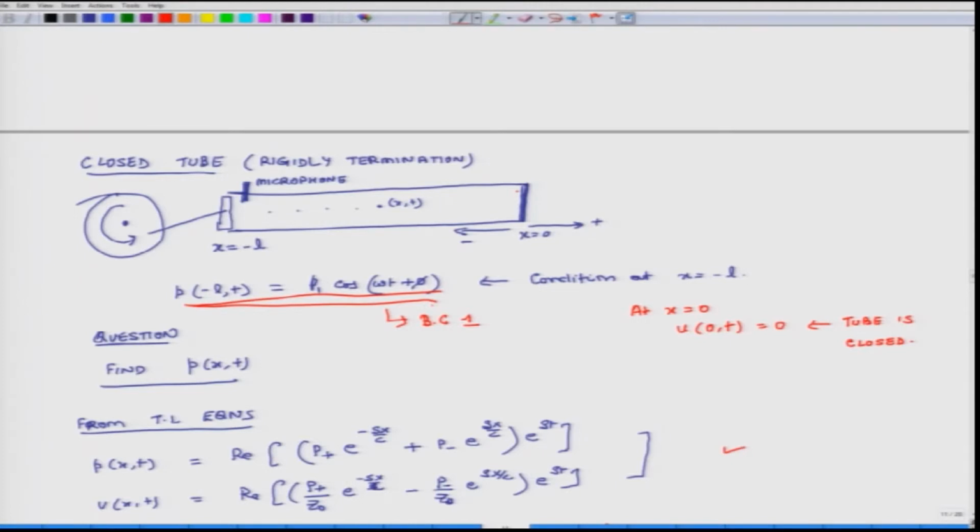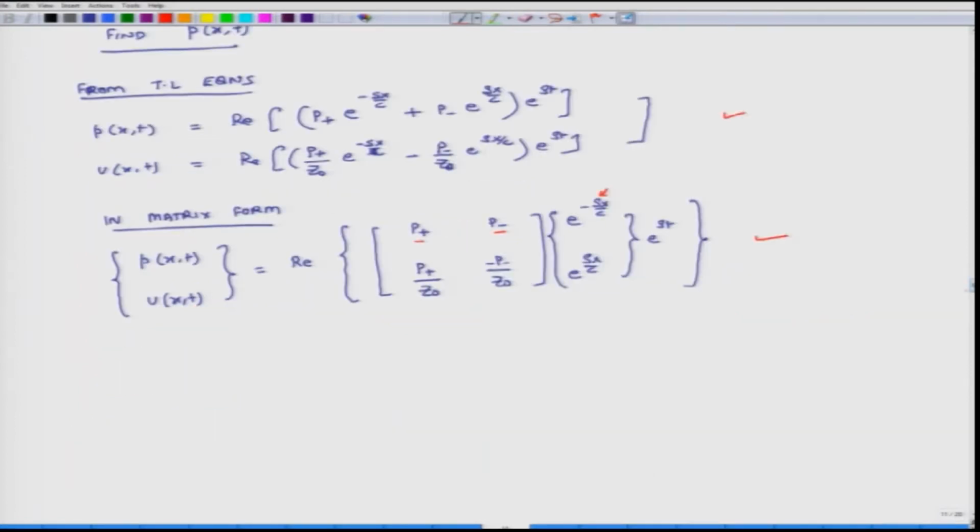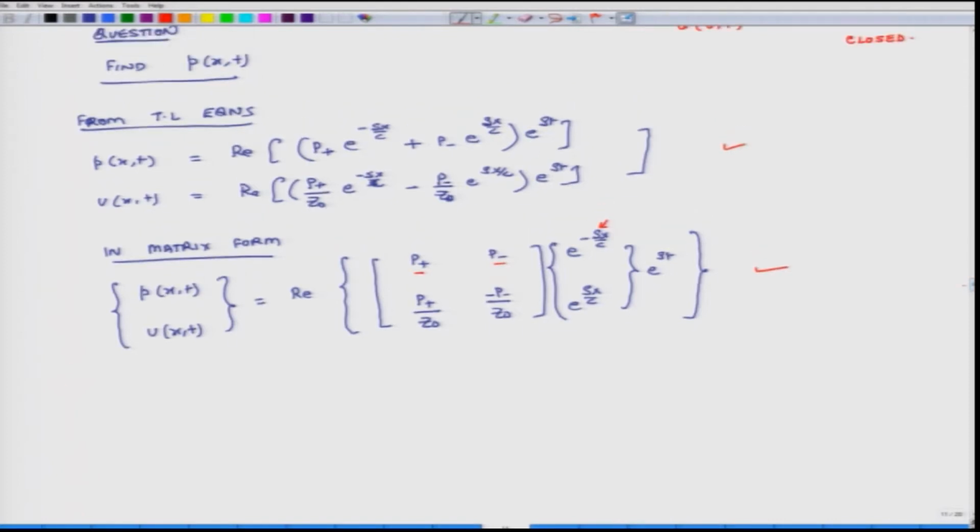So, that is why the particle velocity is 0. So, we have two conditions: at x is equal to 0, u is 0, and at x is equal to minus L, we know the pressure. Now with these two things we will figure out the values of P plus, P minus and S.